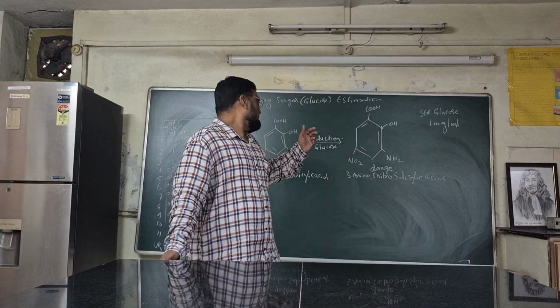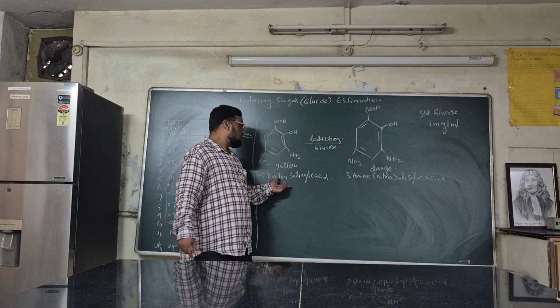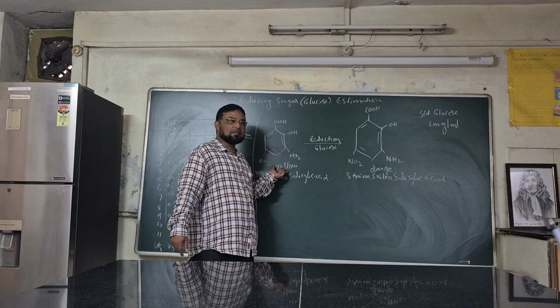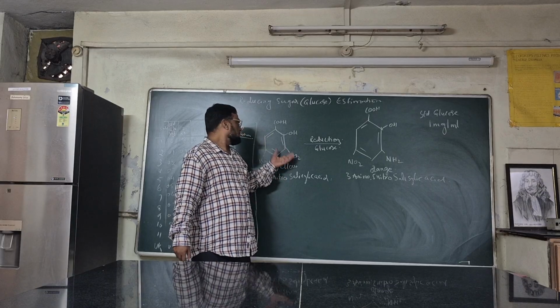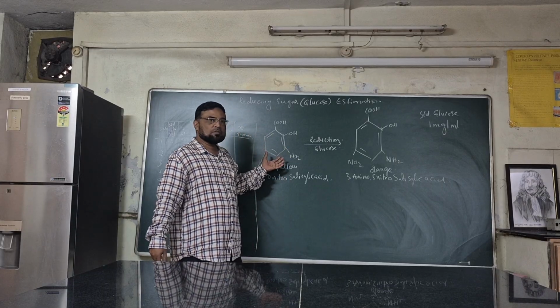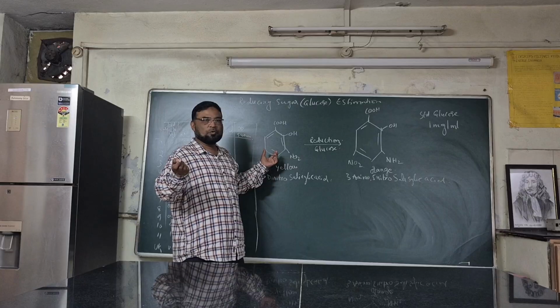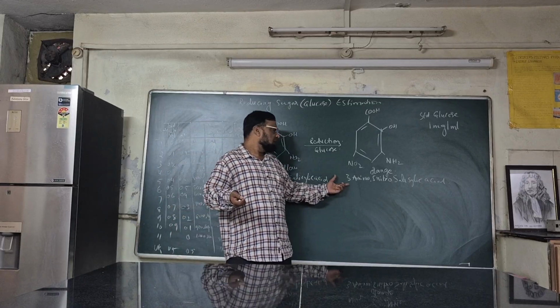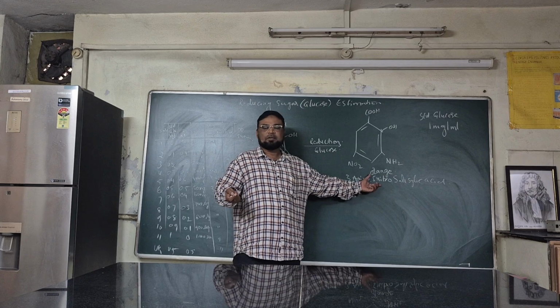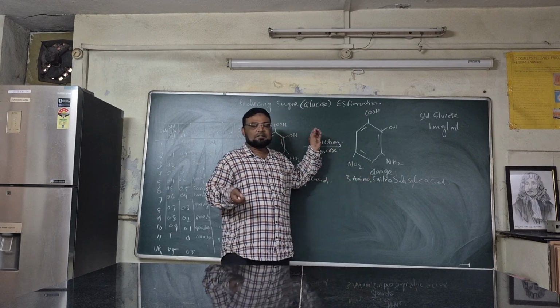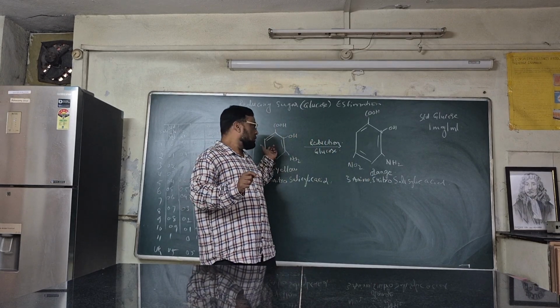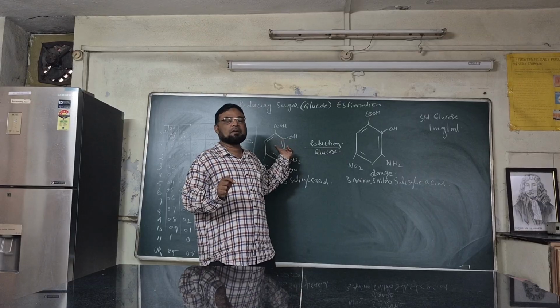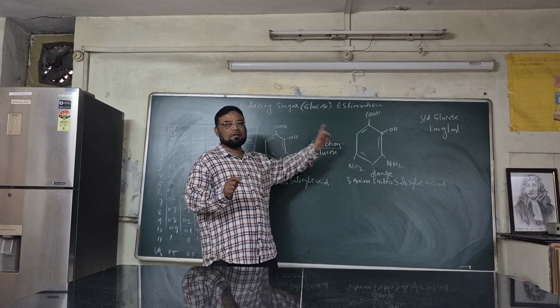See here what happened. This 3,5-dinitrosalicylic acid is basically yellow in color. Suppose 1 mole of glucose is there, it will convert 1 mole of 3,5-dinitrosalicylic acid into 3-amino-5-nitrosalicylic acid. So an equal amount of glucose is responsible for the conversion of the yellow substance into the orange substance.